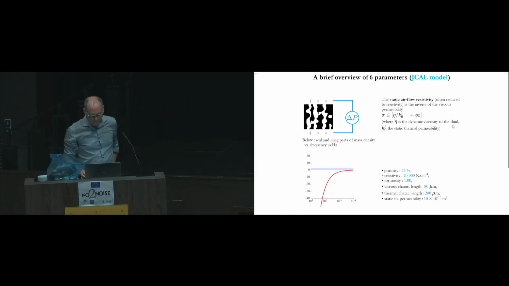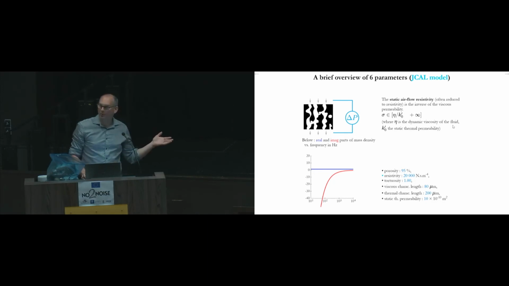Okay, so this was the first parameter, the open porosity. Another parameter is the static air flow resistivity. Usually we reduce it to resistivity. These parameters go from some values where eta is the dynamic viscosity of the fluid, and we will see there are other parameters, and we have conditions between these parameters, so I put them there.